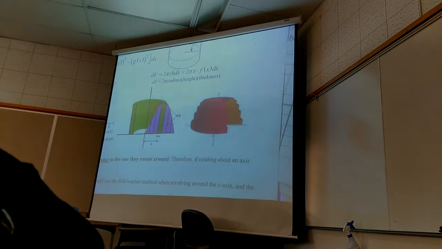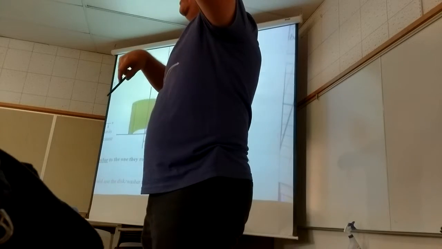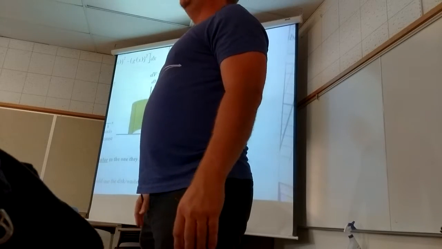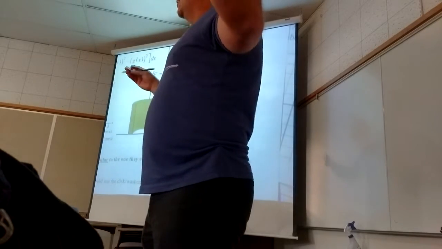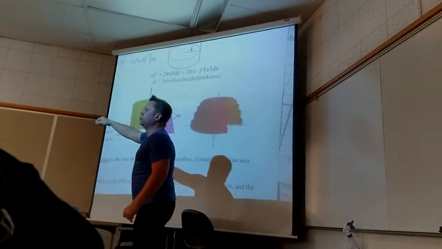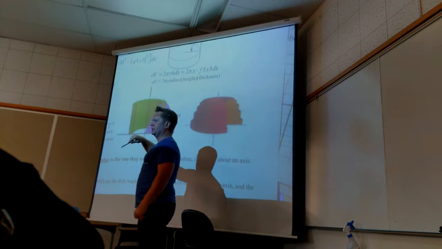And why do we have the shell method? Well, if I rotate around the x-axis for the washer method, I have to use dx. What if my functions can't be solved in terms of x? Then I'm out of luck. So what's really funny is, anything the washer method wouldn't work for, the shell method will work for.